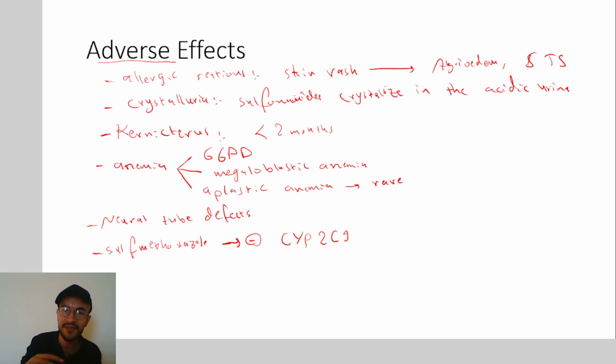So this would lead to an increased anticoagulant effect of the warfarin. They also displace other drugs like phenytoin and methotrexate. So they inhibit cytochrome P2C9, and this would lead to increased action of warfarin, phenytoin and methotrexate.